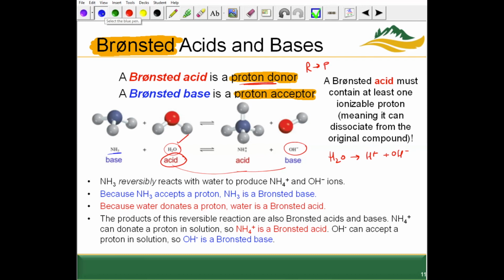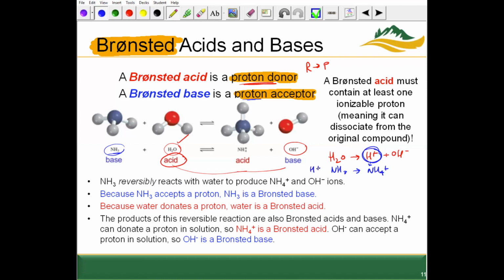For ammonia, it has to accept a proton. It started at NH3. It accepted this proton from water, that's our Bronsted acid here, to then become NH4+, because it accepted that proton.